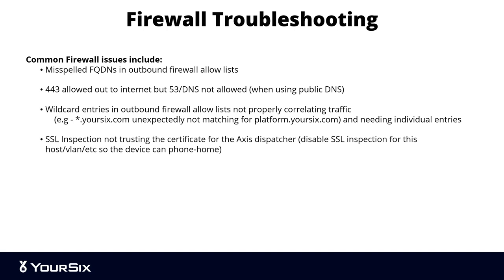Next, make sure that the wildcard entries in the outbound firewall are properly correlating traffic. And lastly, confirm that the SSL inspection is actually trusting the certificate from the access dispatcher. All right, so once you've done that from a firewall perspective, those are the common issues.